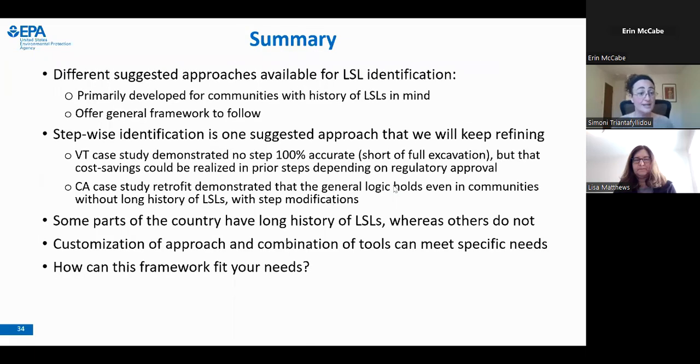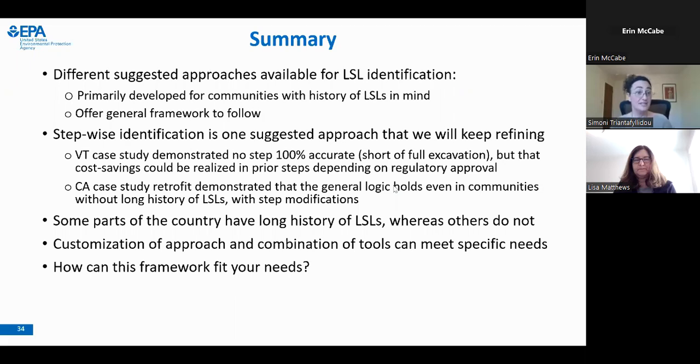In practice, there's different suggested frameworks, those flowcharts that I showed you that are available for lead service line identification. Useful to keep in mind is that those were primarily developed for communities with a history of lead service lines in mind, and that the value of them is really in the general framework they offer you, not in the specific details or the specific steps or arrows or boxes, because those can be customized to your needs.